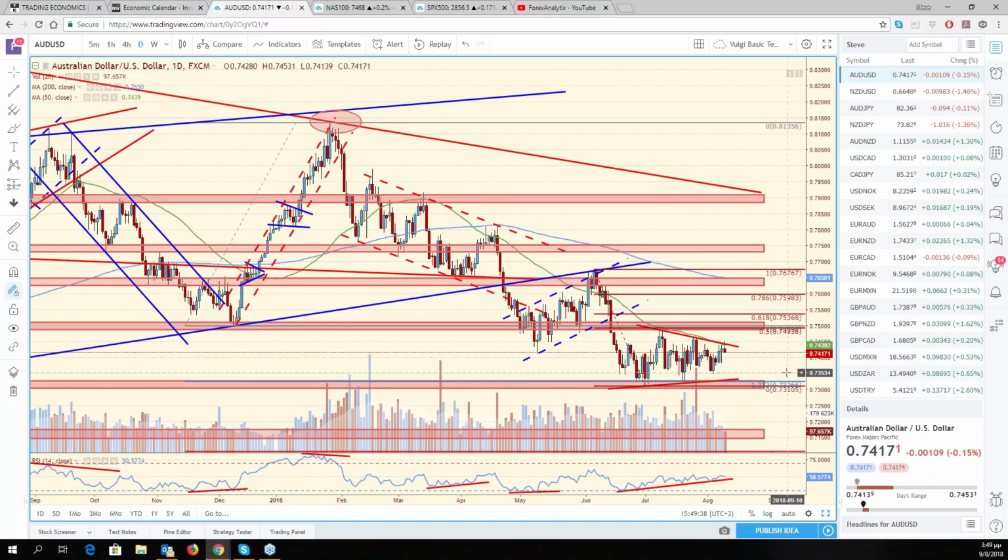So don't underestimate the power of a market that's already positioned too much one-sided to simply move the market just by people trying to square off their positions.